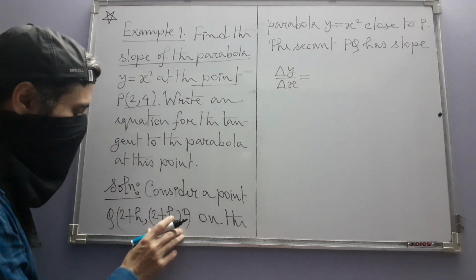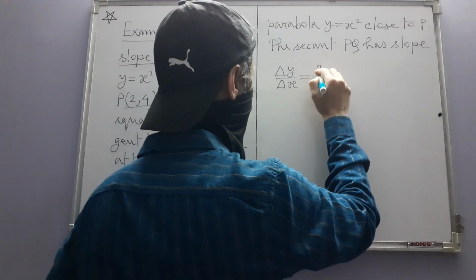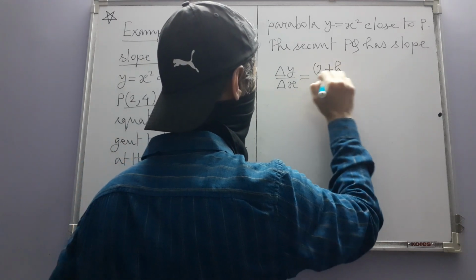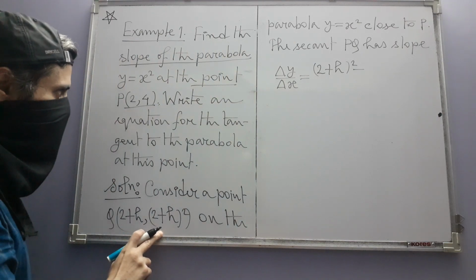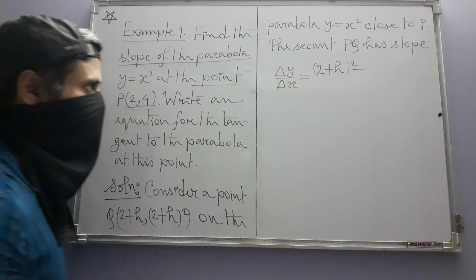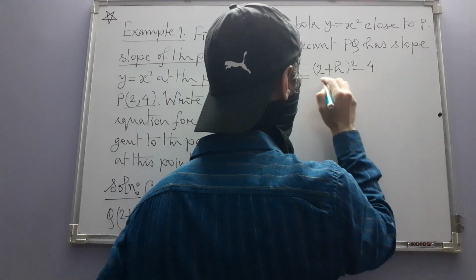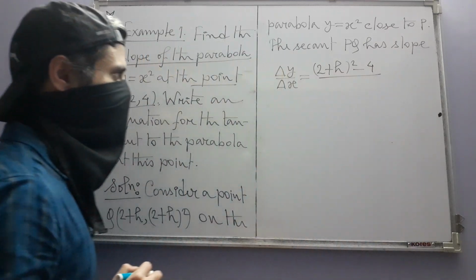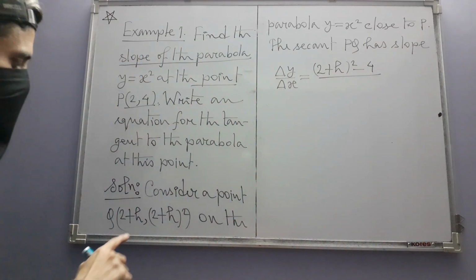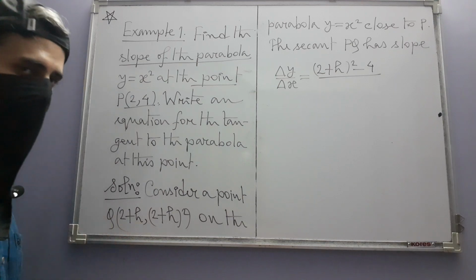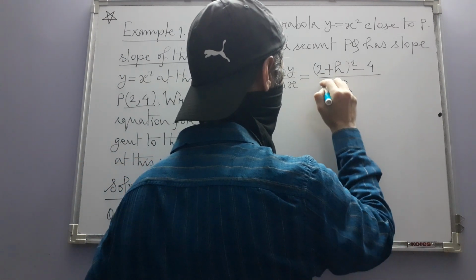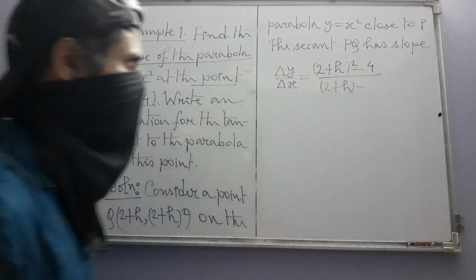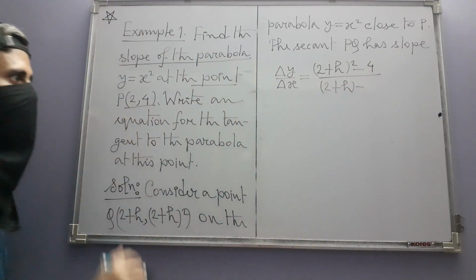The y coordinate of Q is (2 plus h) whole squared minus the y coordinate of P, which is 4, divided by the increment in the x coordinate. The x coordinate of Q is 2 plus h and the x coordinate of P is 2.